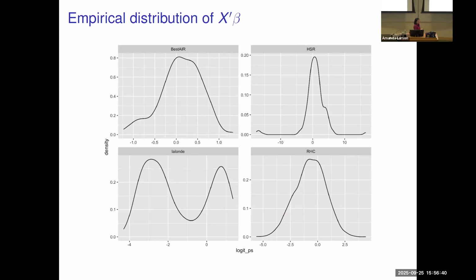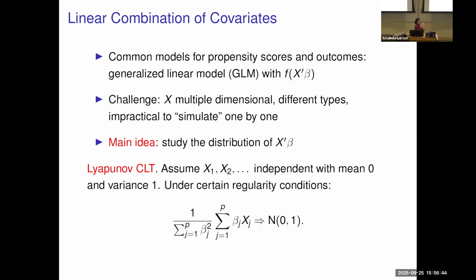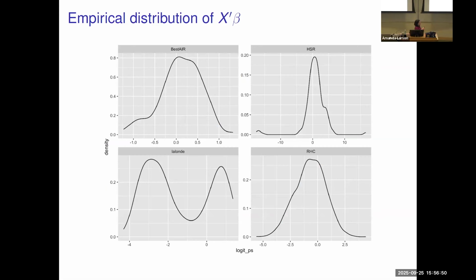So the Lyapunov theorem gives me the theoretical basis and inspiration, but it's also supported by a lot of empirical evidence. Even when p is like 10, it is still good enough. Of course, you can always construct counterexamples, but all the data I've been working with seems to be good enough.